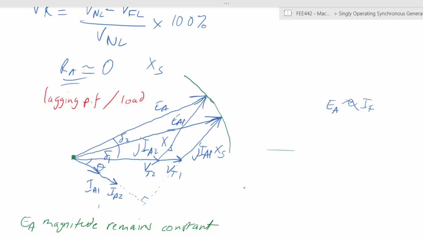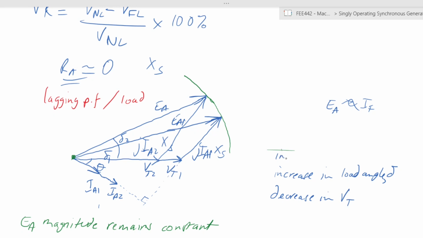So what this means is that if you have an increase in load on a lagging power factor, the effect of that is you have an increase in the load angle, let's call it that, and you have a decrease in terminal voltage.